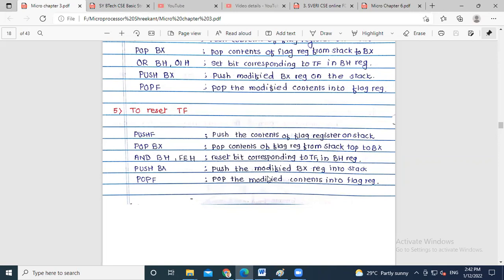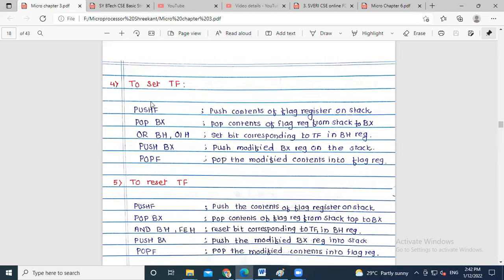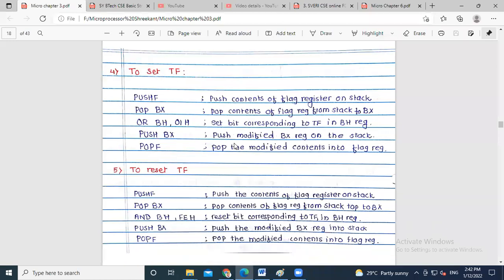Then PUSH BX pushes the modified BX register onto the stack, and POPF pops the modified contents into the flag register. Whatever we set with the trap flag is reset this way. So we have to use reset TF or set TF.